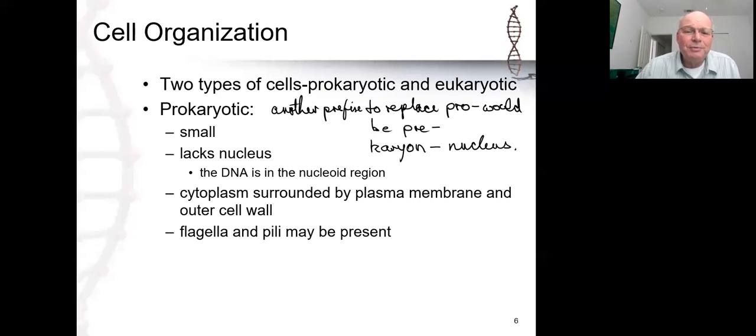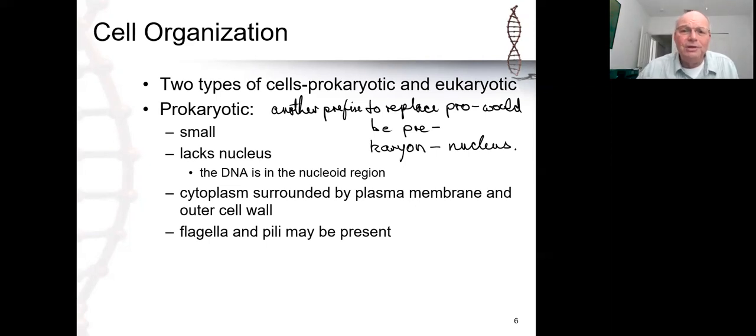And this describes a prokaryotic cell pretty accurately. This is a cell that lacks a nucleus. Doesn't mean that the DNA is found randomly anywhere inside the cytoplasm. It actually is located in a specific region called the nucleoid. This is an area of the cytoplasm that seems to be free of other features other than the DNA.